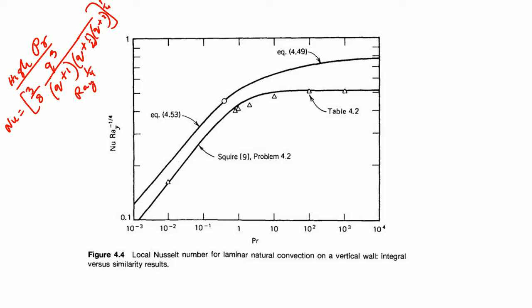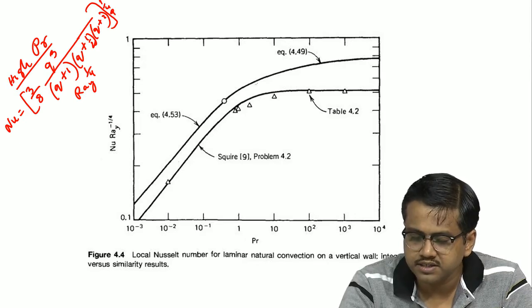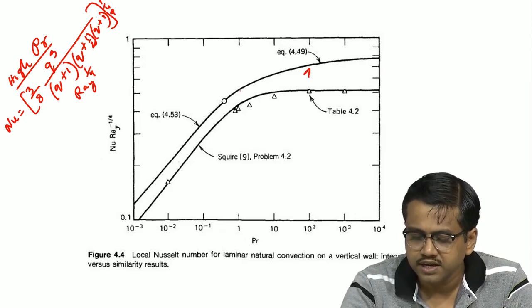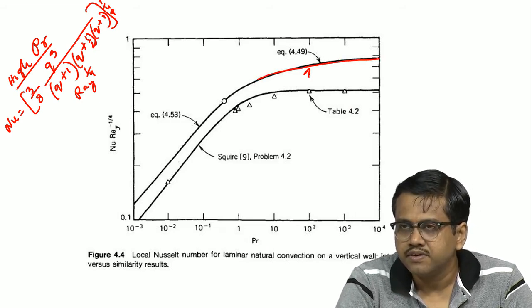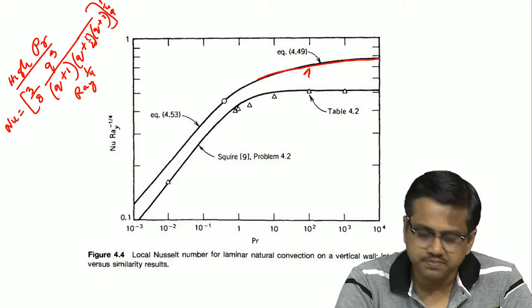This is raised to the power of 1/4, this particular parameter. So, that was the high Prandtl number limit, right. If you look at this particular graph, do not consider the lower one, consider the upper one, you can see that the high Prandtl number regime is something like this. So, that is the high Prandtl number regime.